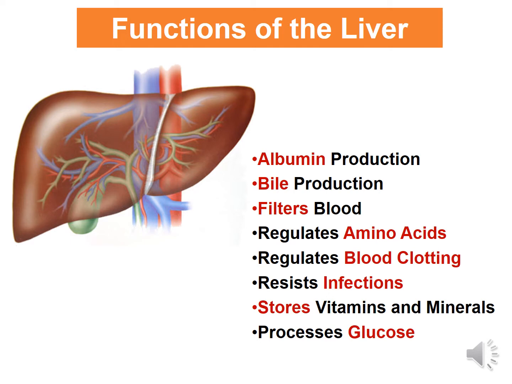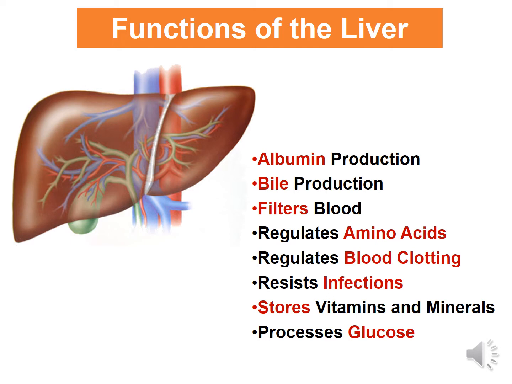All the blood leaving the stomach and intestines passes through the liver, which removes toxins, byproducts and other harmful substances. The liver regulates amino acids. The production of proteins depends on amino acids. The liver makes sure amino acid levels in the bloodstream remain healthy.